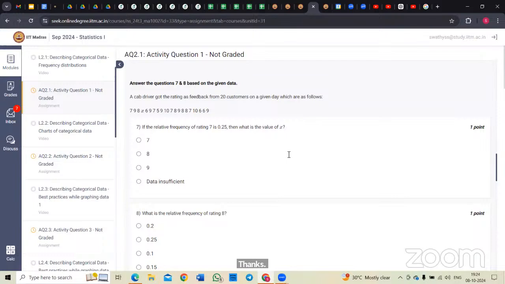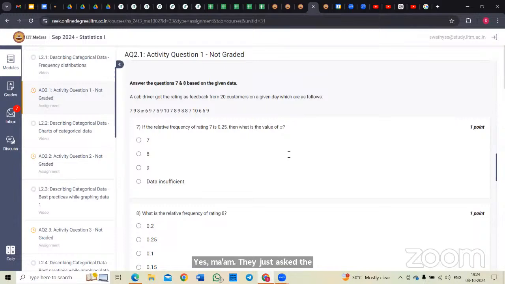Any other doubts? Ma'am, a small doubt in the graded assignment. Graded assignment will not be discussed. It's about the question, not the answer, but something related to the question. They just asked the aggregate distribution.